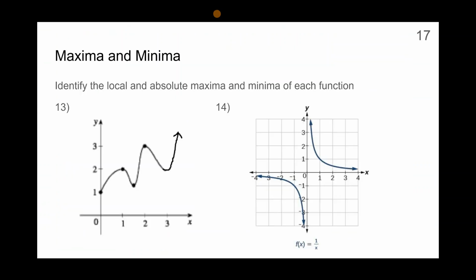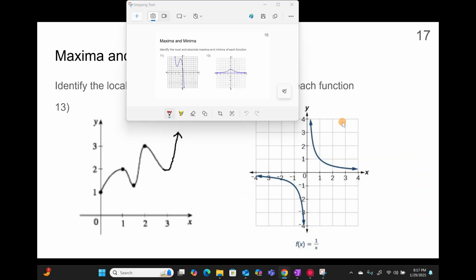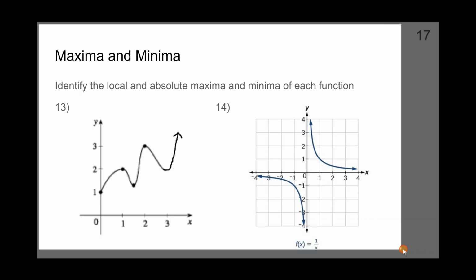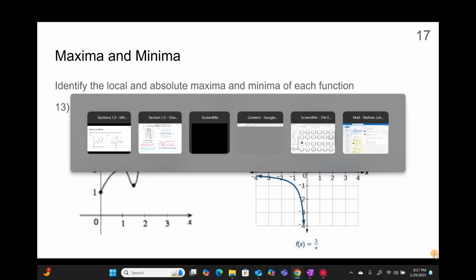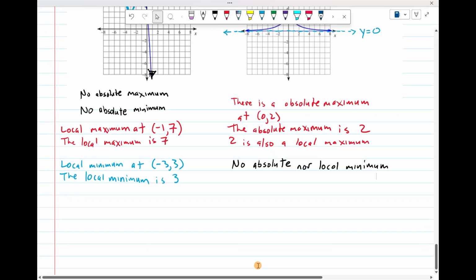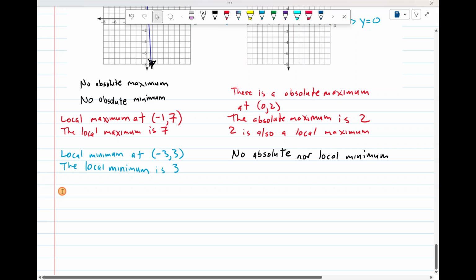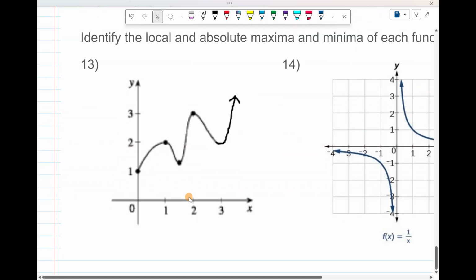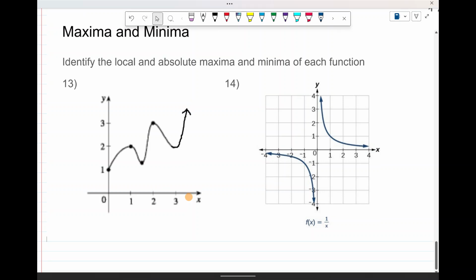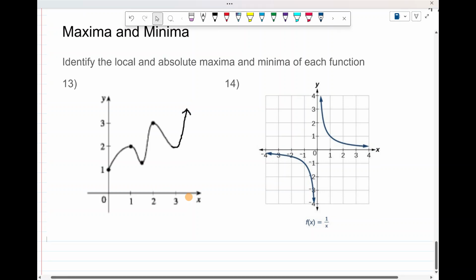All right, let's do two more examples. I'm going to copy and paste this over to OneNote. And for these, at least for number 13, I'm just going to label these points.